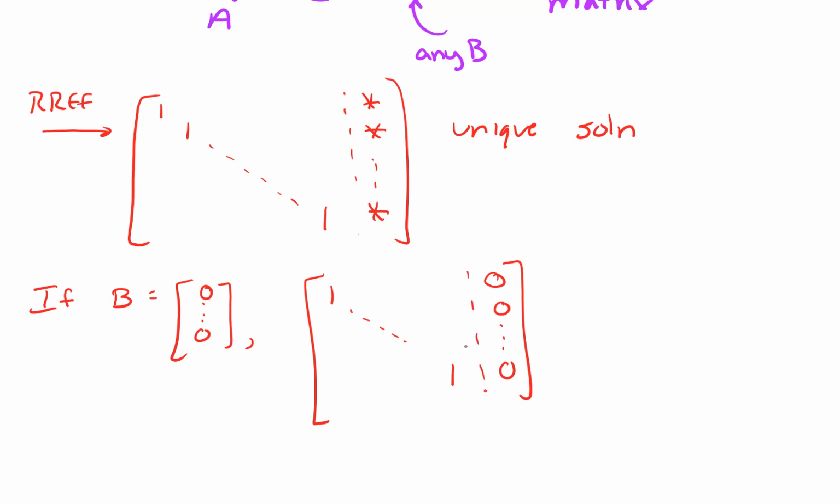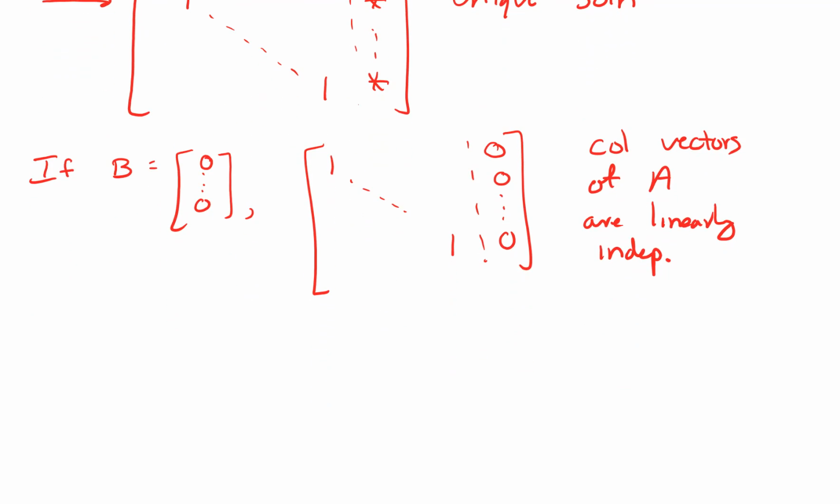And this tells us that the column vectors of A are linearly independent. One last observation here is that no matter what we put in for vector B, so no matter what B we pick, we always get a unique solution.